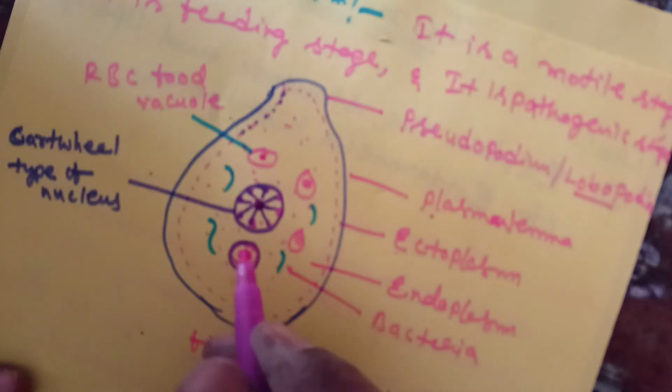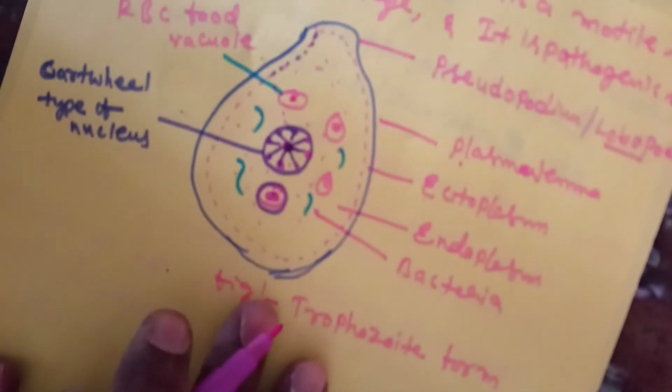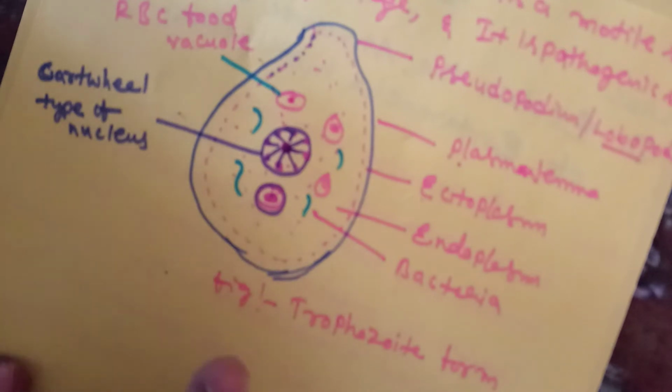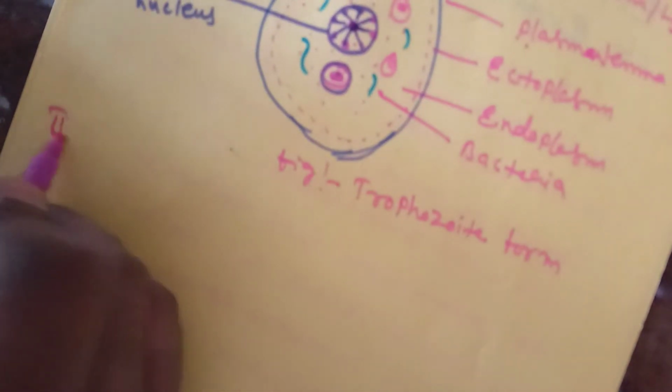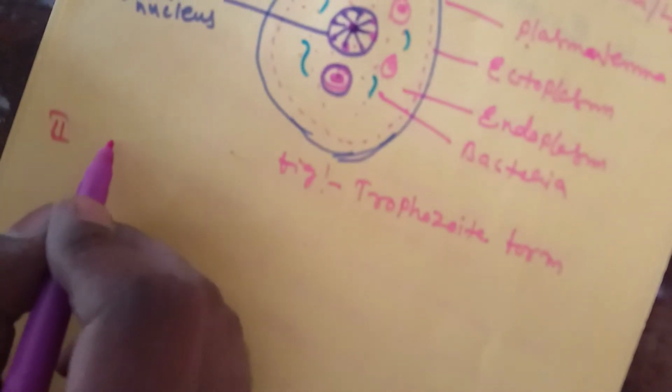This trophozoite form releases the histolysin enzyme, which can dissolve the intestinal layer and absorb the cellular material of the intestine. This is the trophozoite form. Next is the second form, the pre-cystic stage.